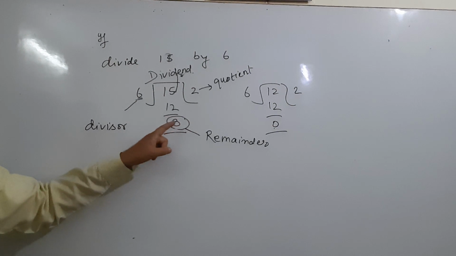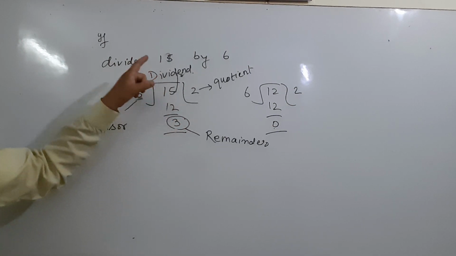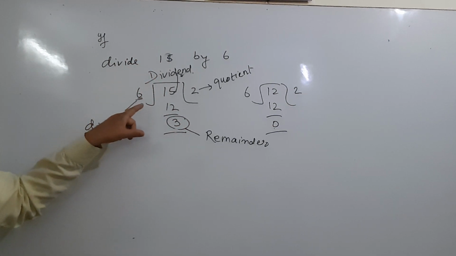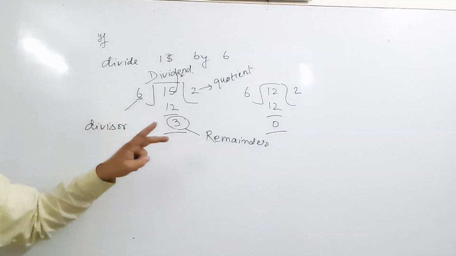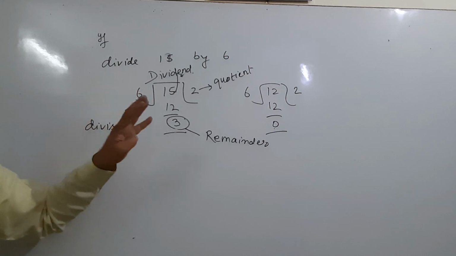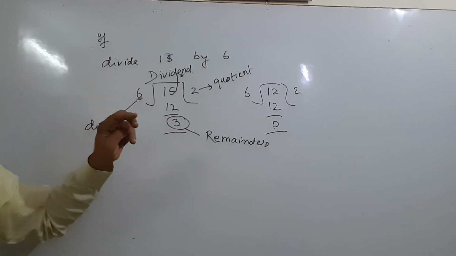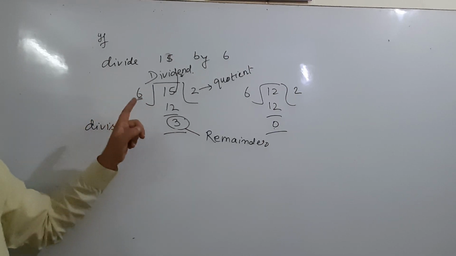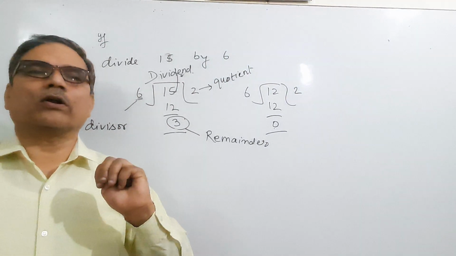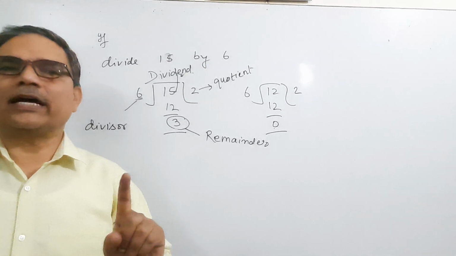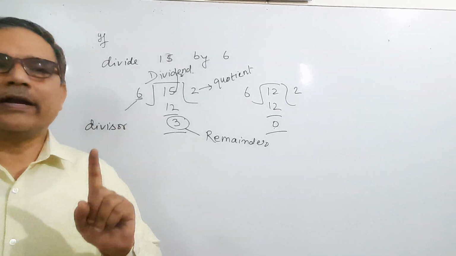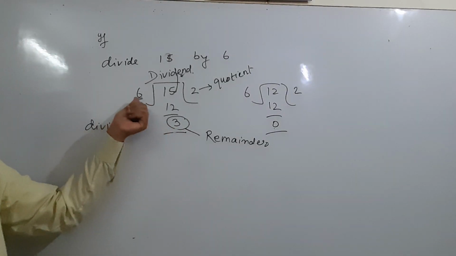The possible values of the remainder, if the divisor is 6, may be 0, 1, 2, 3, 4, 5. It means less than 6, not equal to or greater than 6. The remainder is always less than the divisor.